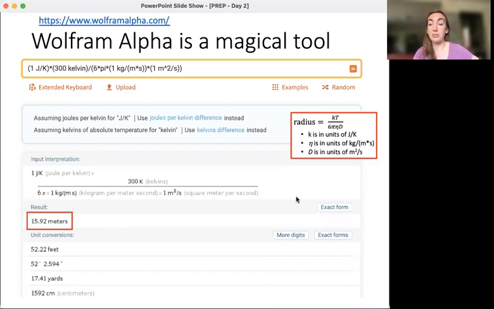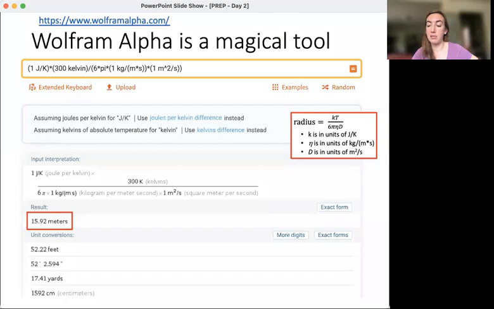So I use Wolfram Alpha literally every day. And I definitely used it on my homework and my engineering classes. So you want to get comfortable doing this without the internet, just for tests and stuff. But this is a really useful tool that can be really helpful on your homework.